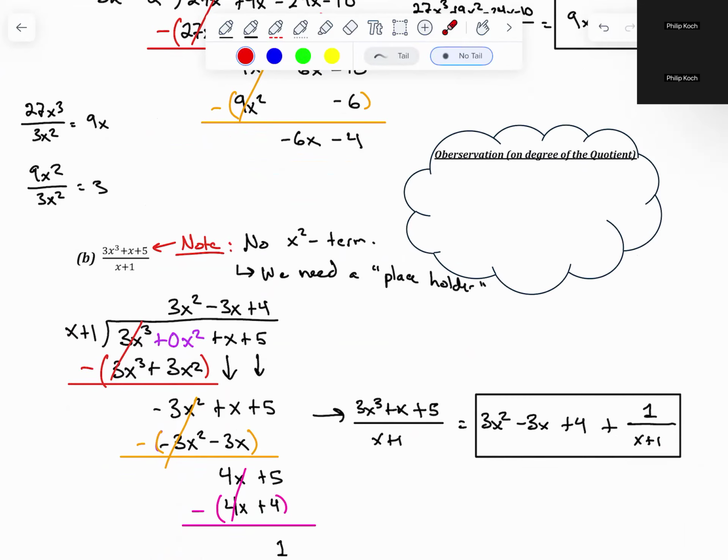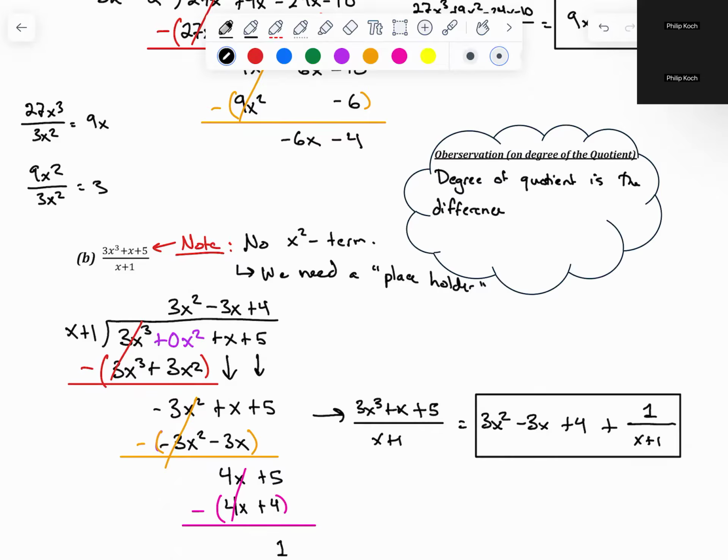So a key component is that the degree of the quotient is the difference of the dividend and divisor's degrees. That will be important when we talk about synthetic division here in a moment.